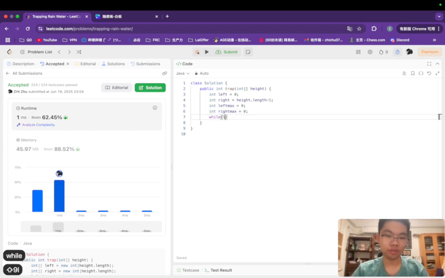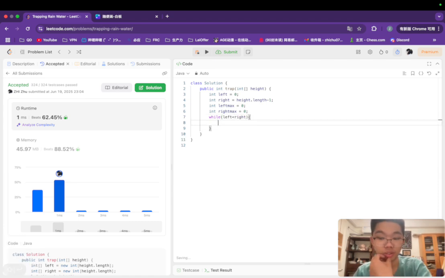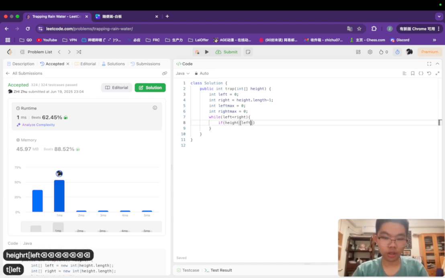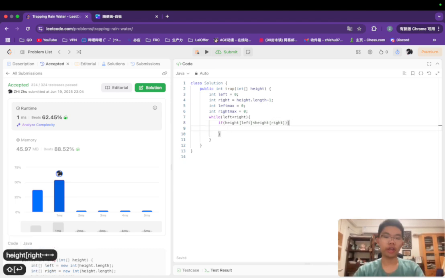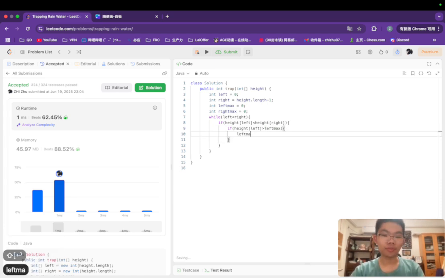And then while left is smaller than right, since we don't want the 2 pointers to meet each other, we first compare if height left is smaller than height right. If the left one is smaller, then we need to do the conditional operations we described before on the left hand side. So if height left is larger than left max, then we update the left max.